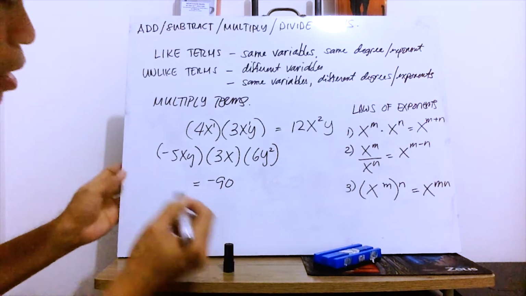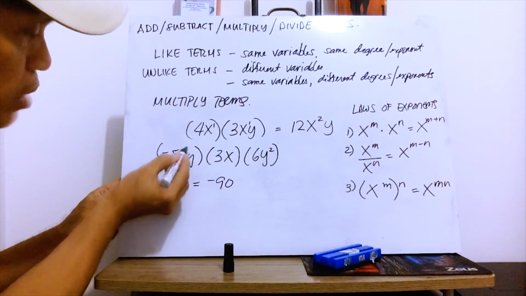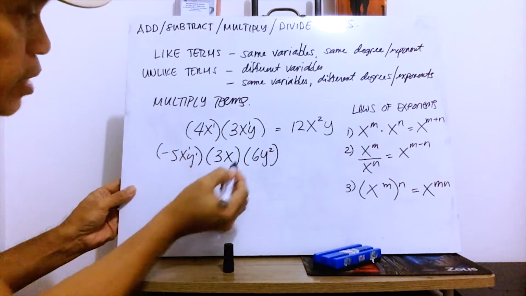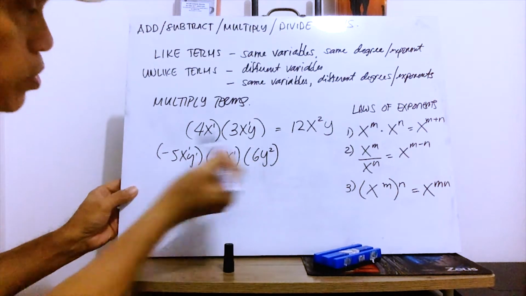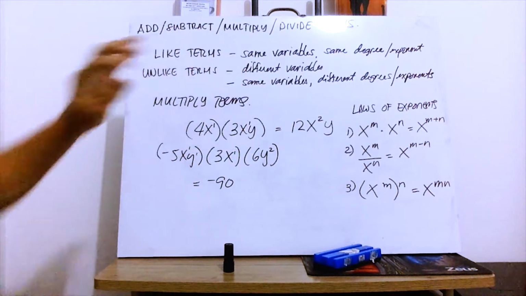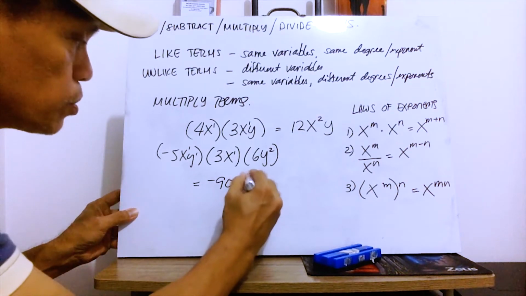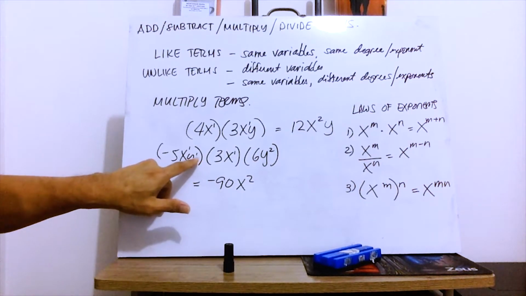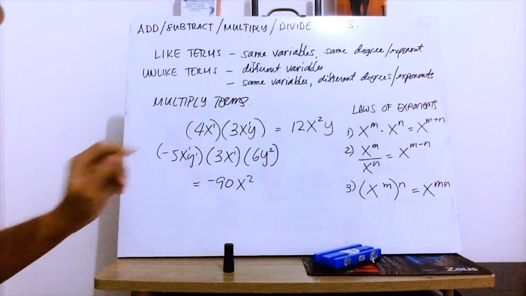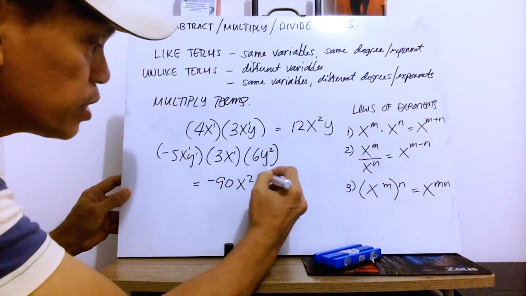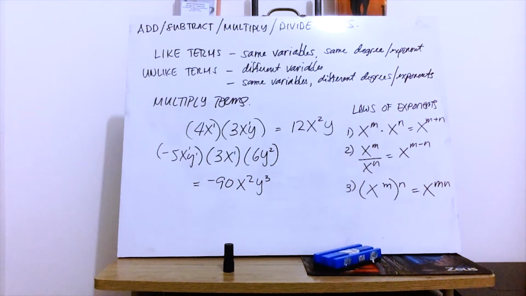Right? And then look at this. x raised to 1, y raised to 1, x raised to 1, y raised to 2. 1 plus 1, that's 2. So x raised to 2. Okay. y raised to 1, y raised to 2. Add the two exponents, y raised to 3. Simple as that. Okay.